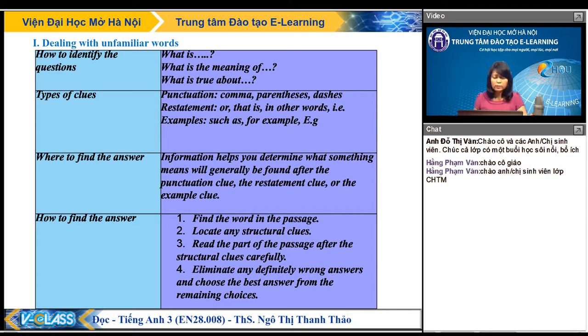The third one, read the part of the passage after the structural clues very carefully. After that we can find the answer to the question. So remember step 4 here: eliminate any definitely wrong answers and choose the best one from the remaining choices.